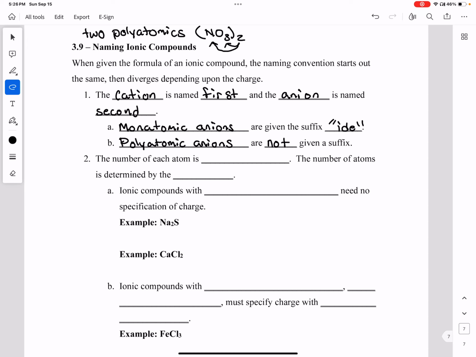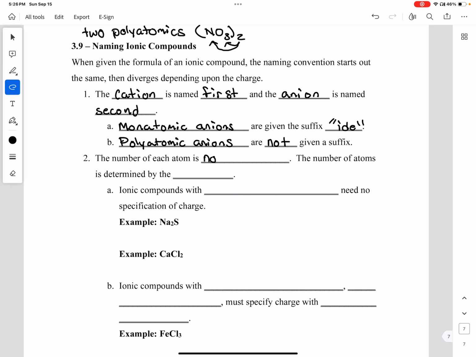They are just written as is, as if they were single. The number of each atom in any of these formulas is not specified in these names. I'm saying these names without numbers indicating the number of atoms, but the number of atoms is actually determined by the charge.